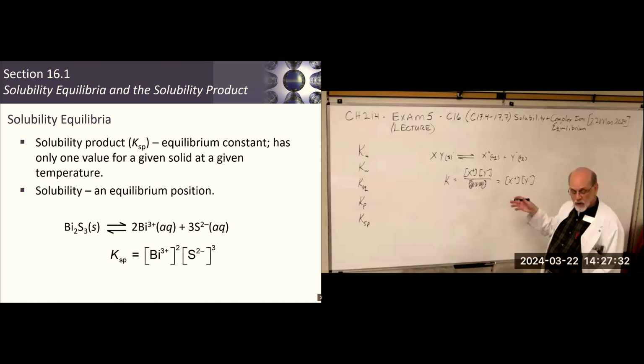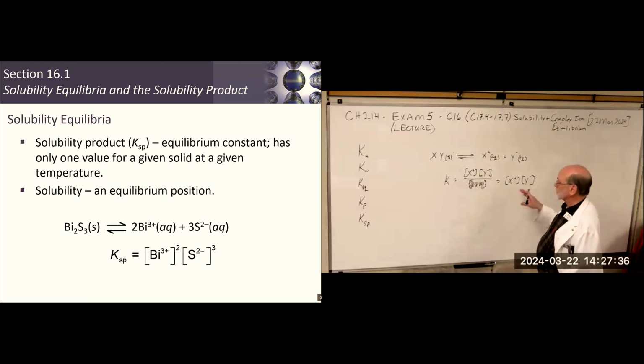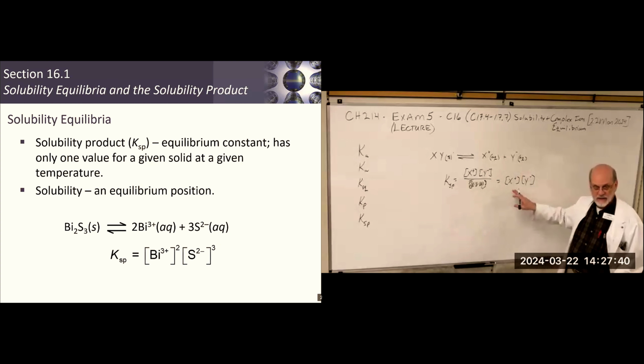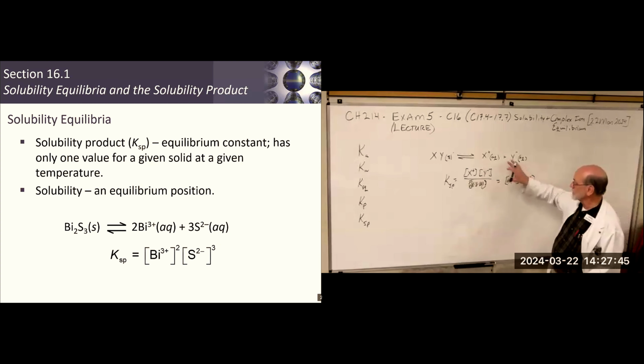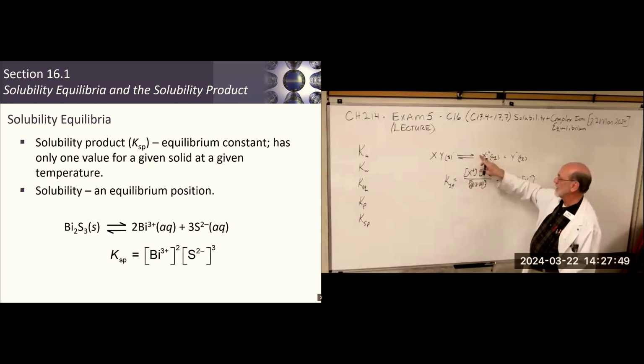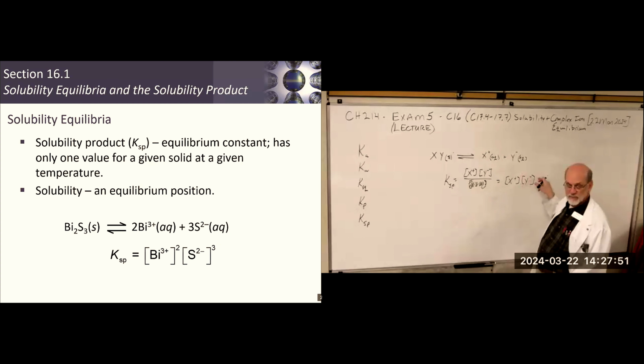Right? We leave water out, H2O, because it's a liquid, not included. This is why it's called a solubility product, right? The product is a number times another number. So a solubility product is always just this side of the equation. And of course, if it has coefficients here, then they would become powers.